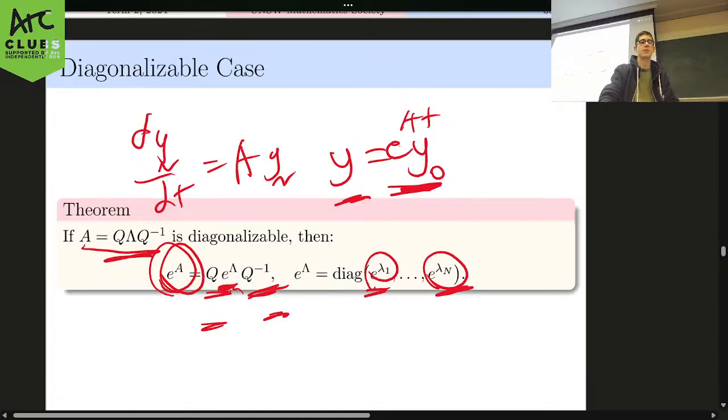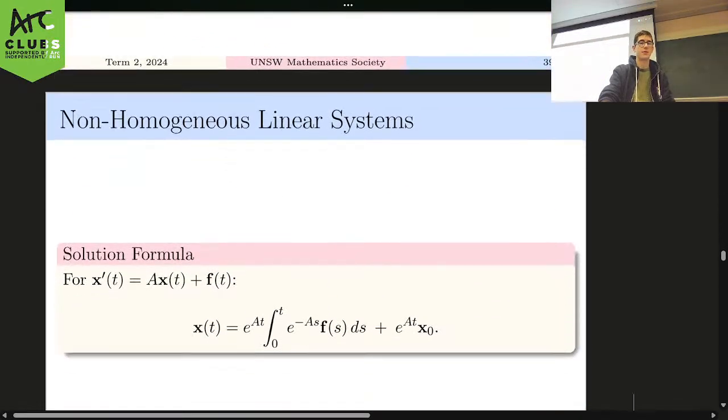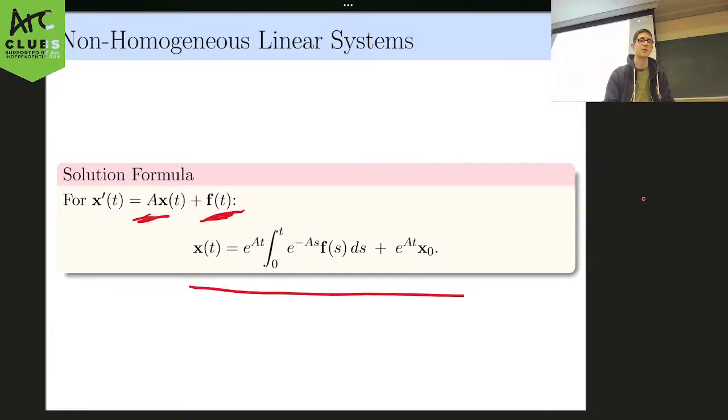All right, so there's a bit more work to be done in the cases where we're not diagonalizable. But for now, applying this to the inhomogeneous case where we have a constant matrix and a function b, or f in this case, on the other side, we have this variation of parameters formula, which you've hopefully used a lot, particularly in class test 2.